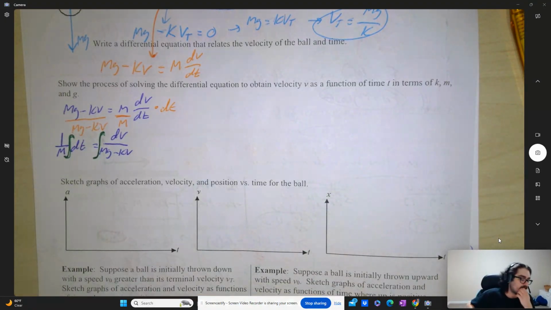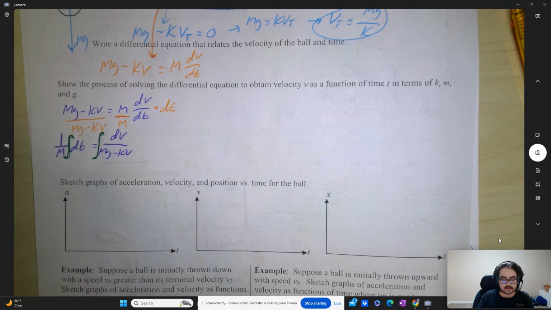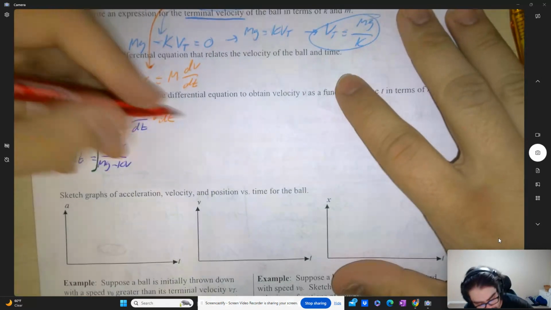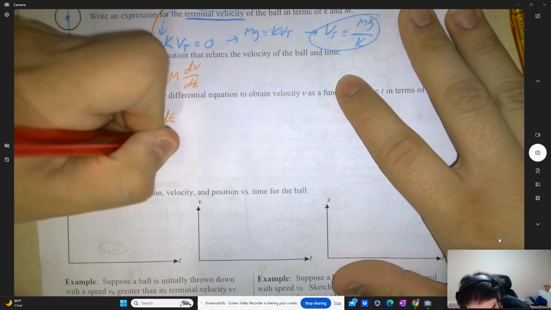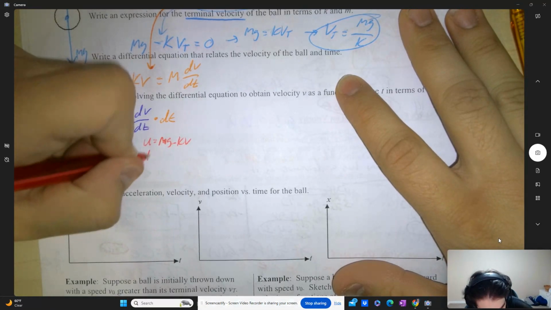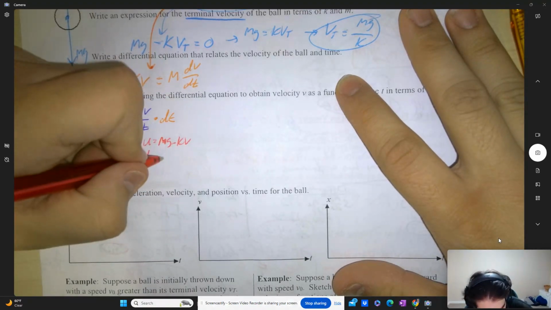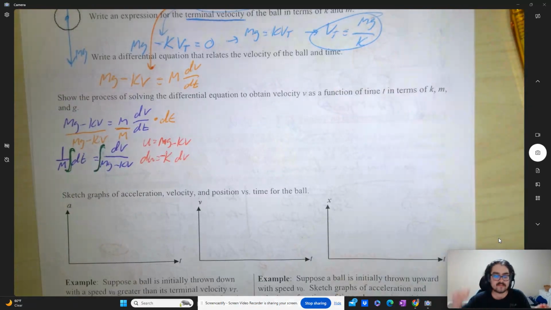Now what I'm going to do, and this is not too crazy, is I'm going to use my u substitution, and for my u substitution, I'm going to make u equal to mg minus kv, and I'm going to make du equal to k dv, or sorry, negative k dv.